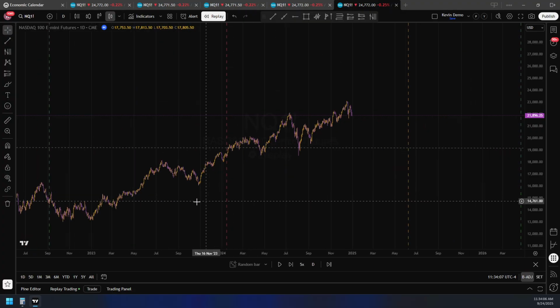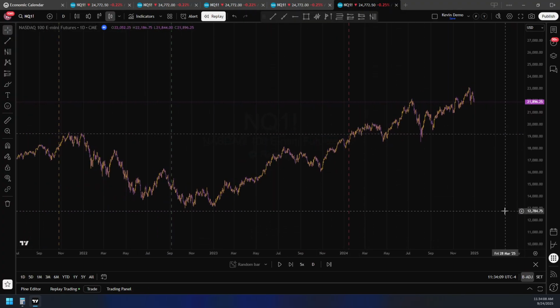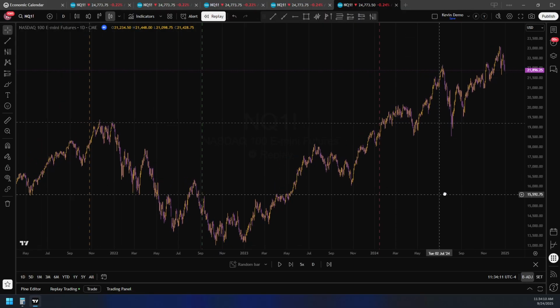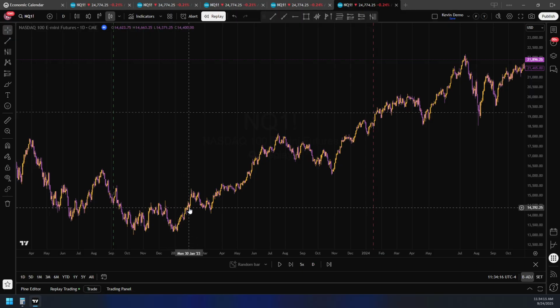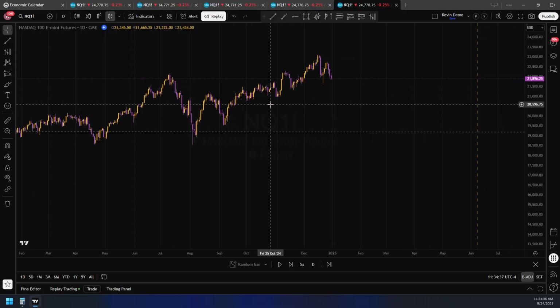Right here, you get this big long leg, especially near the end, right? And you do get one here, but then you get a whole lot of down. And you get a few days there and then some down, and it is what it is.